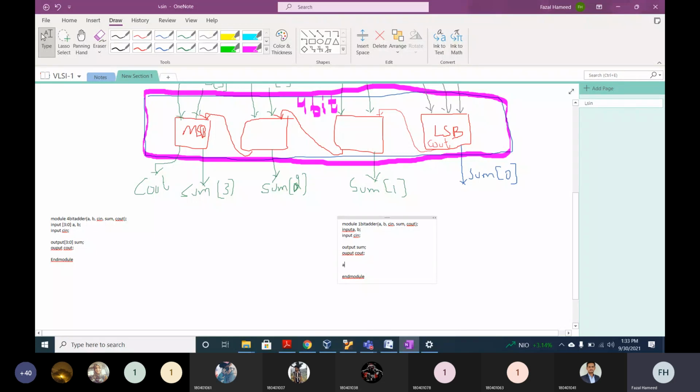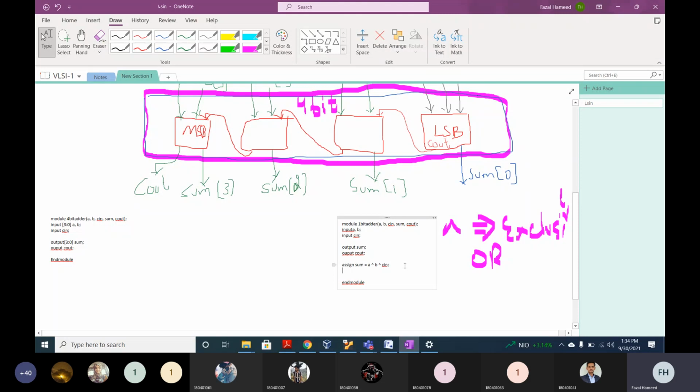So I can assign sum is equal to A exclusive OR B exclusive OR C in. This is the sign for exclusive OR. Okay sir. Now I will explain how this code works.